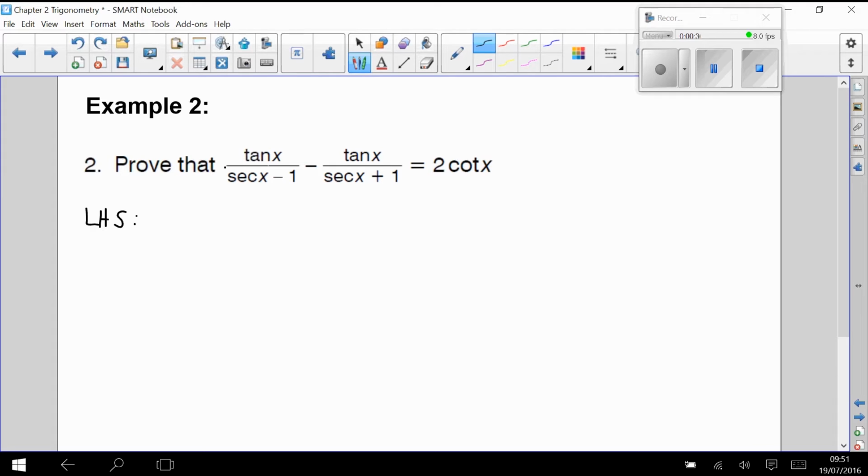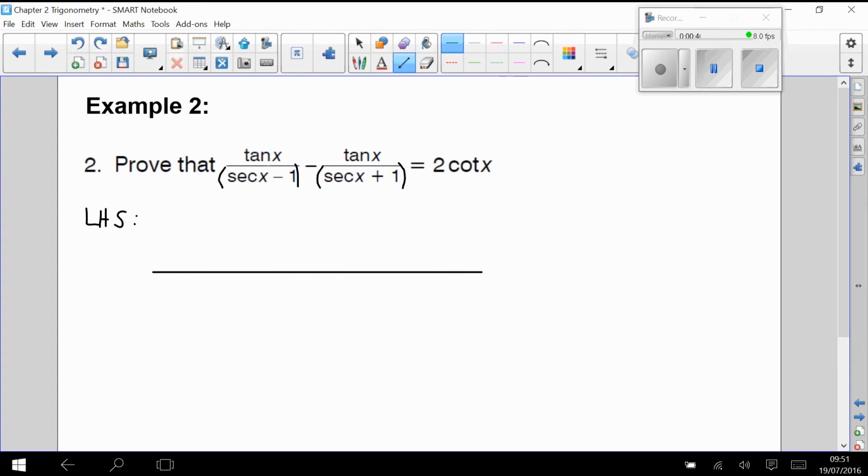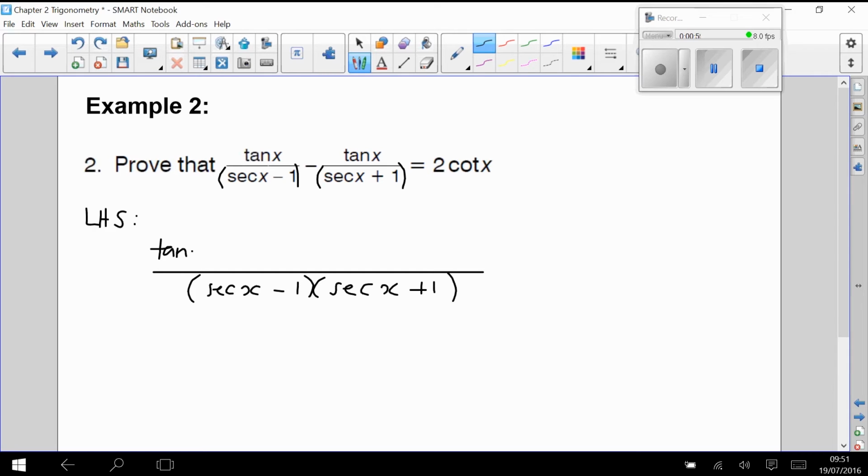Sec x minus 1 is a bracket factor, and sec x plus 1 is another bracket factor. Finding my common denominator, which is going to be both of these bracket factors, in other words, sec x minus 1 and sec x plus 1, my new numerator, first of all for the first term, is going to be the old numerator times the factor that it did not have, which is sec x plus 1.